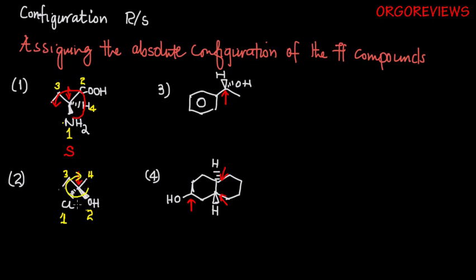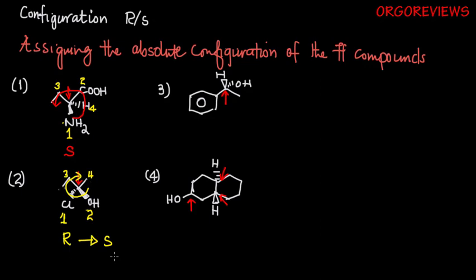So we are doing clockwise at this point, which is an R. But then because the highest priority is facing away from us, we're going to have to reverse that to an S. All right. So every time you have the highest priority away from you, you have to reverse the absolute configuration. Or in other words, if the lowest priority, which is a methyl group, is not the one that is away from you, you have to reverse the priority.